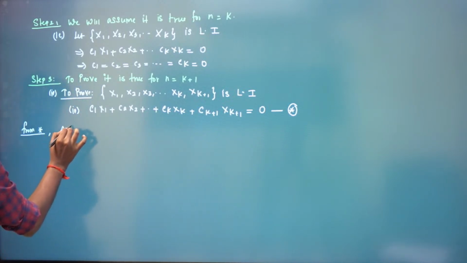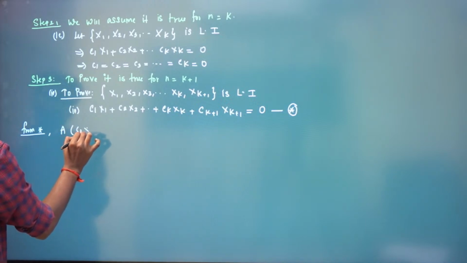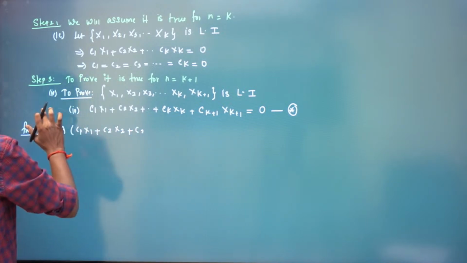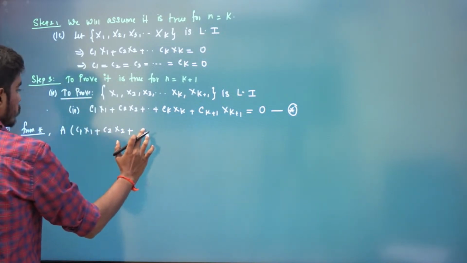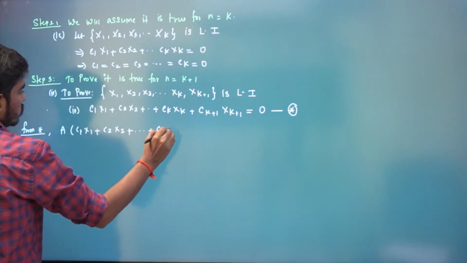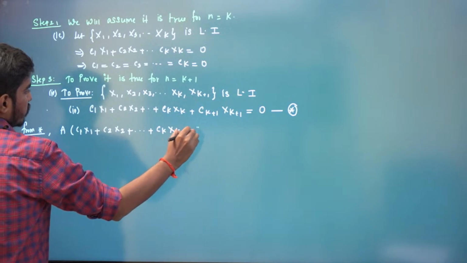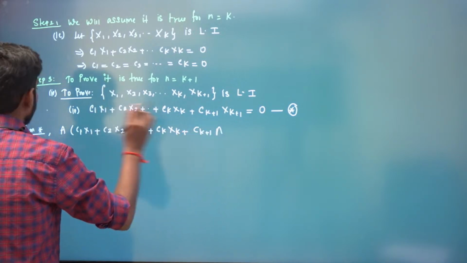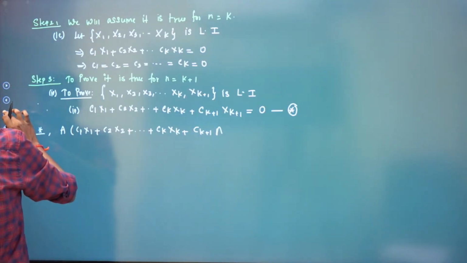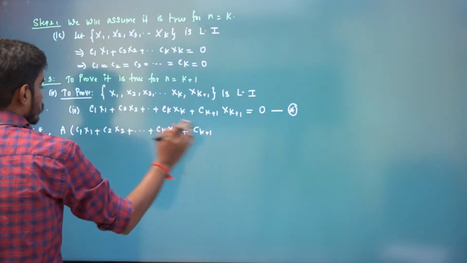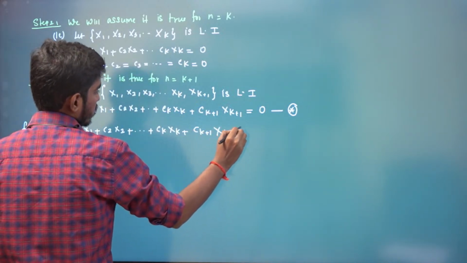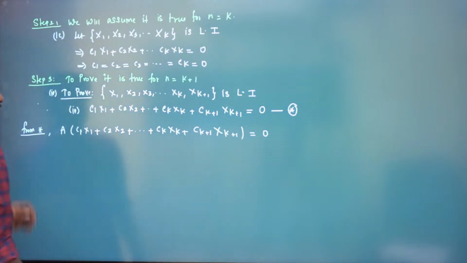So A of c1 x1, c2 x2, and so on up to ck xk, ck plus 1 xk plus 1 is equal to 0.